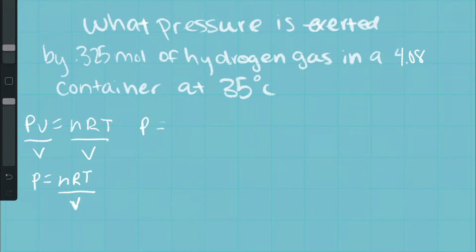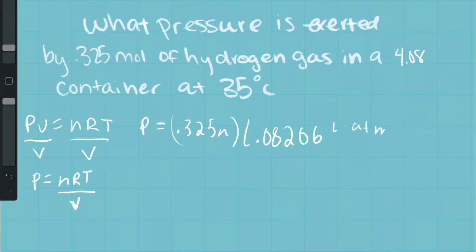So P equals, first we have moles, 0.325 moles, times R, which is our constant. For this one, we're going to be using 0.08206 for the constant, because all the units for 0.08206 are the same as in the problem besides Celsius, which we have to convert to Kelvin.